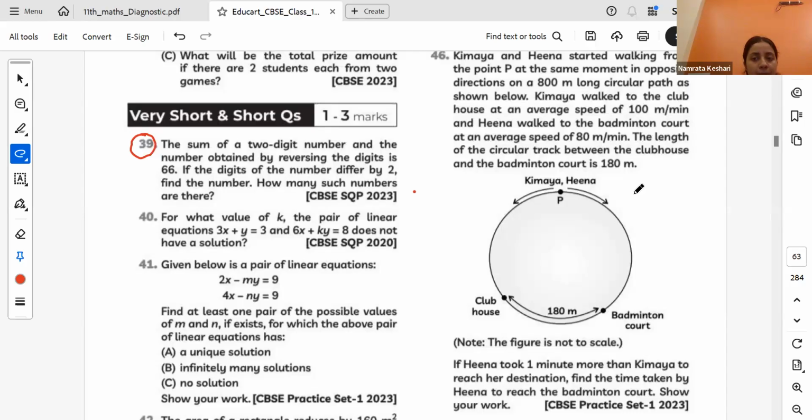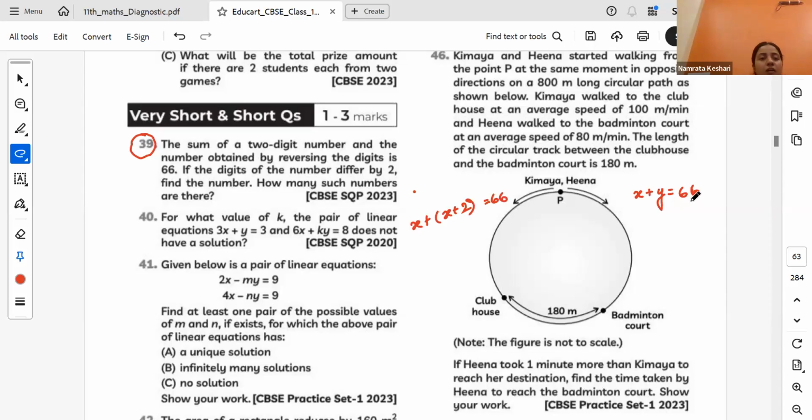X plus y is equal to 66, right? Yes, Ryan, whatever I have written, you said the same thing.